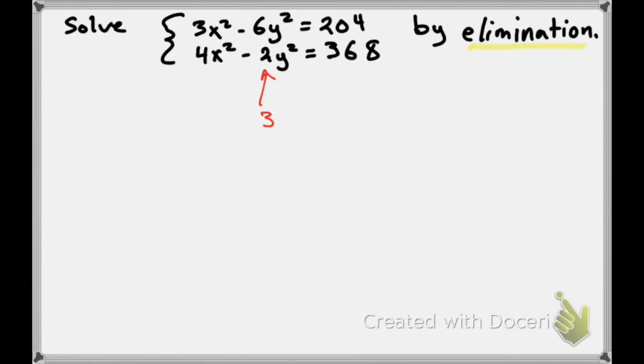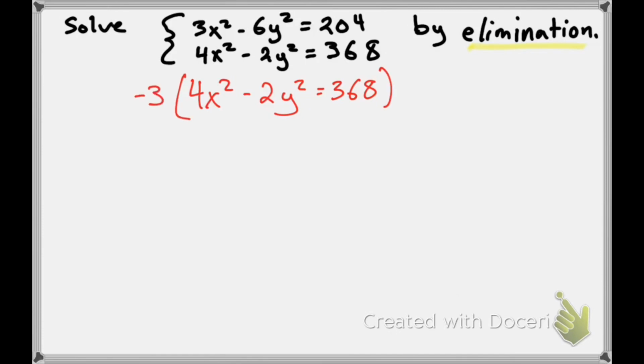So what I can do is multiply all of this by a negative 3. Multiplying all of it by a negative 3 will take care of that issue. So I'll jump down here with everything.